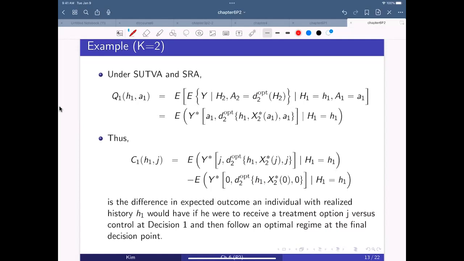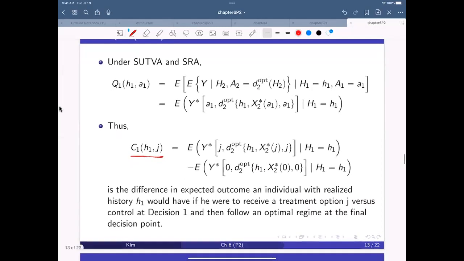And then C1 is a difference between the Q1s, so you have a difference of two potential outcomes in terms of A1 equal to J versus A1 equal to 0, and then at K equal 2, we do the optimal decision.